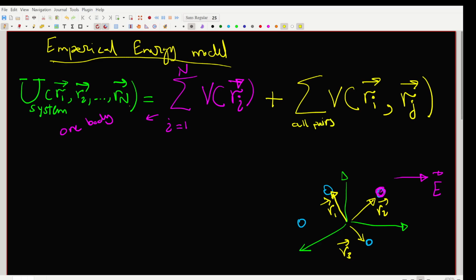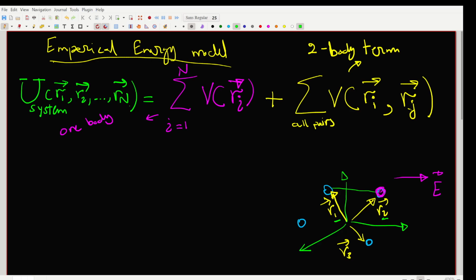That means I need to consider the interactions of all of the pairs. And in the language of computer simulation or physics, we call this a two-body term, because it really depends on the position vectors of the two atoms, or, in a simplified way, if you want to think about it, it depends on the distance between the two atoms. For example, between R1 and R2, it depends on the distance between these two atoms.